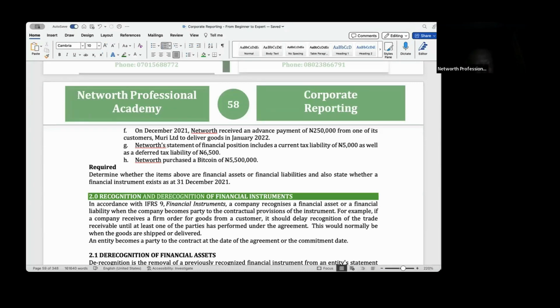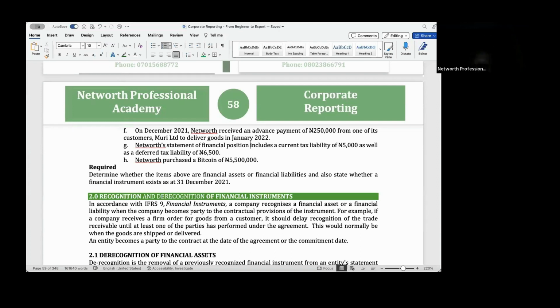Okay, that's correct. What is correct in what you have said is that yes, you have an obligation to deliver cash because you have to pay the tax. But the funny thing is this, you don't have a contractual obligation to deliver cash. You only have an obligation to deliver cash. So paying tax is not like you have a contract with the government. It's just your civil responsibility as a citizen of Nigeria, or as somebody operating business in Nigeria.